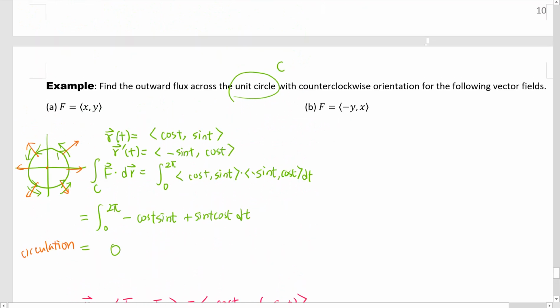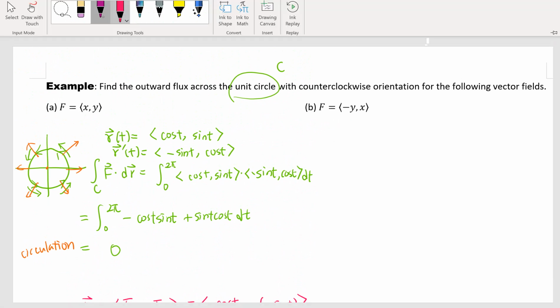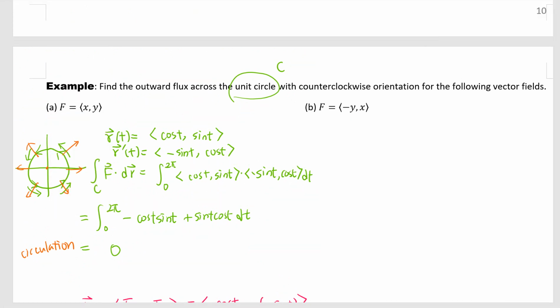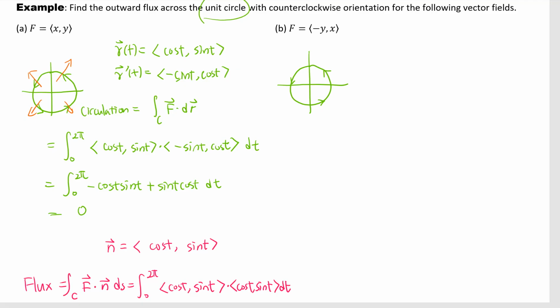Okay, on the other picture, we have a different vector field. So what does this vector field do? Suppose we have the point (1, 1), then we can see the vector is (-1, 1).